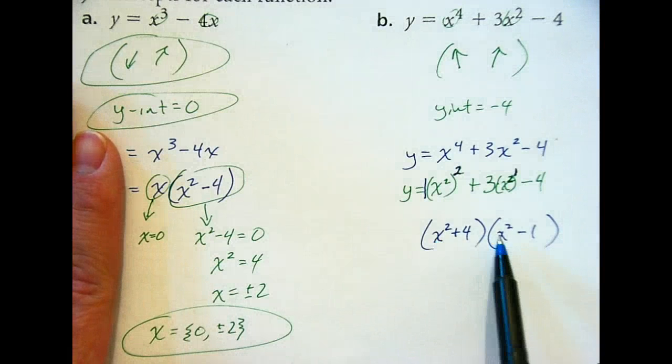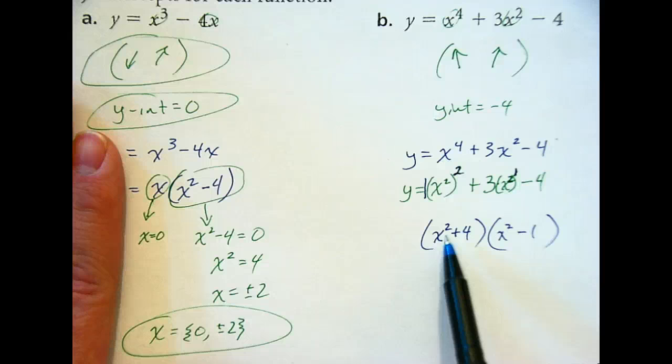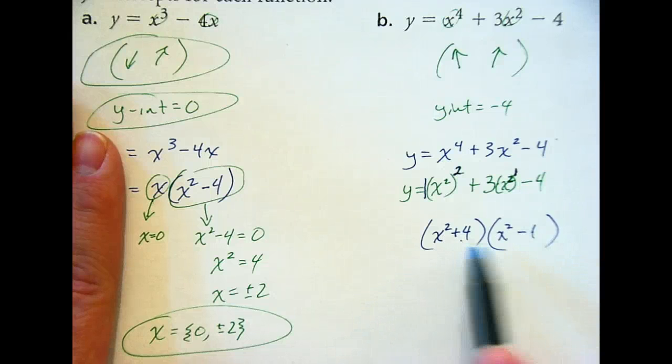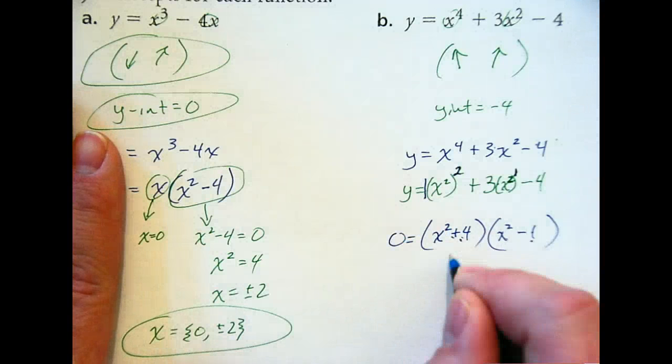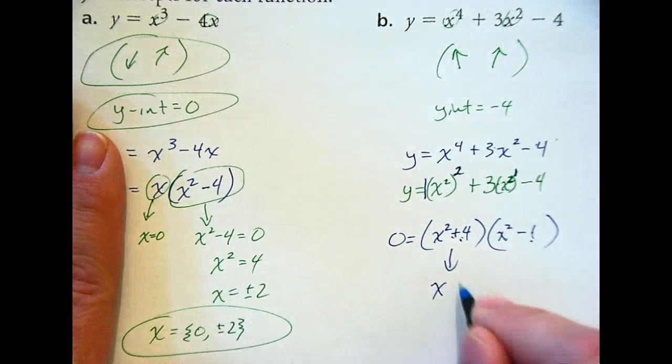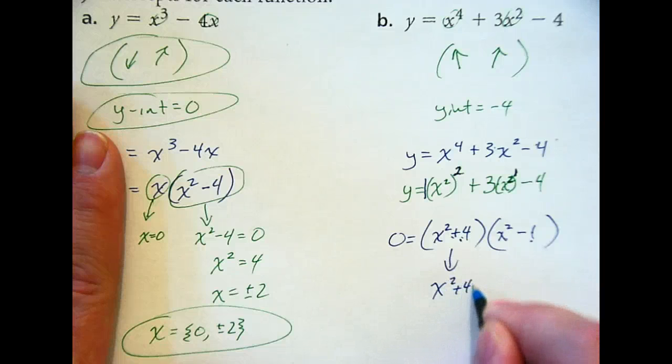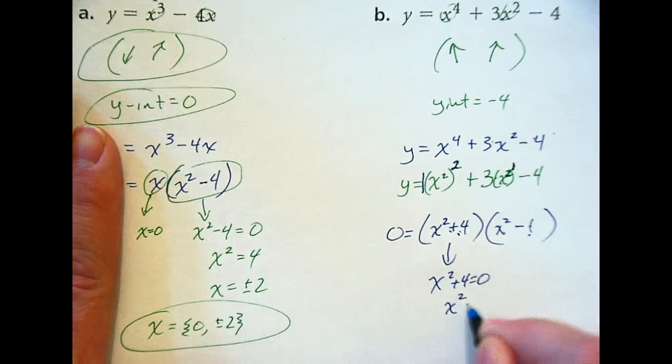X squared times x squared is x to the 4th. X squared times negative 1 is negative x squared. Positive 4x squared gives me positive 3x squared. And 4 and negative 1 multiply to make negative 4. If all that equals 0, this becomes x squared plus 4 equals 0. X squared equals negative 4.